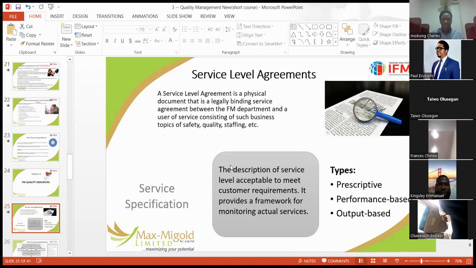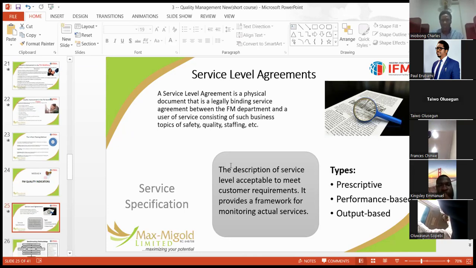So if you are managing that facility, you must ensure that you do everything during your maintenance of your electrical, especially the electrical system, to ensure that there is no fire outbreak in that facility. Some can be, okay, we don't want any injury in this facility, or we don't want any emergency that will spiral out of control.